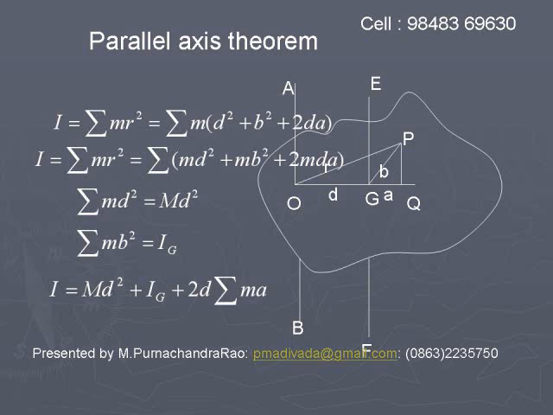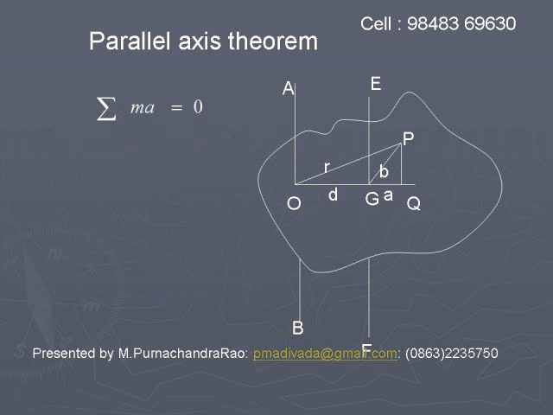So, I is equal to Md square plus Ig plus 2d into sigma ma. In this relation, sigma ma becomes equal to 0, because sigma mga is 0.